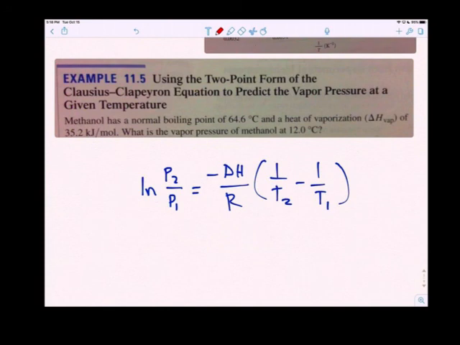So using this to calculate, let's look at methanol. Methanol has a normal boiling point of 64.6 degrees Celsius and a heat of vaporization of 35.2 kilojoules per mole. What is the vapor pressure of methanol at 12 degrees Celsius? So you have to pick your variables.